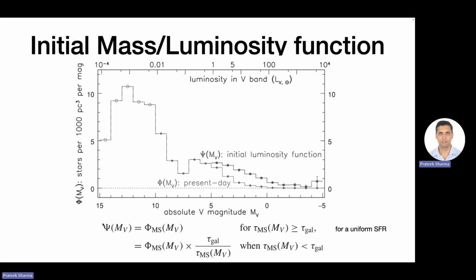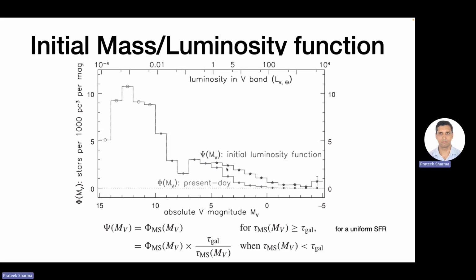Okay, so here, for example, this psi of MV is the actual initial mass function at t = 0, when the stellar population formed. This phi of MS is the present day mass function. So if the main sequence lifetime is longer than the time at which you're observing, all of those stars will be on the main sequence. So the two are identical, right? The present day mass function and the initial mass function are on top of each other.